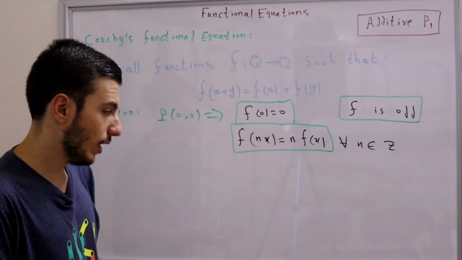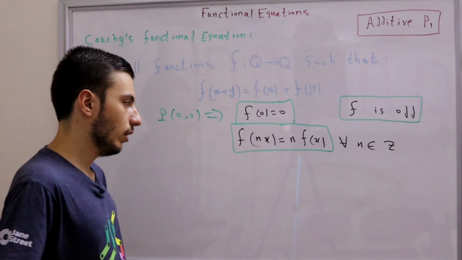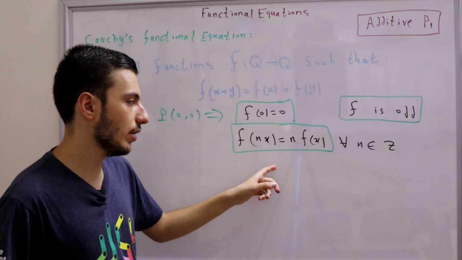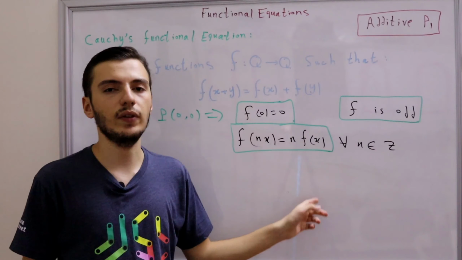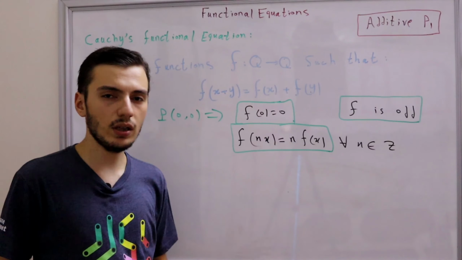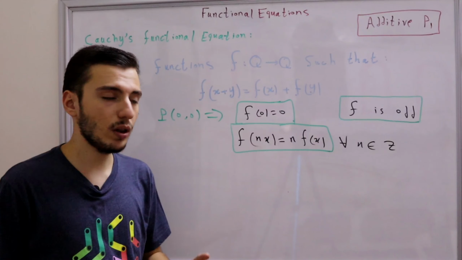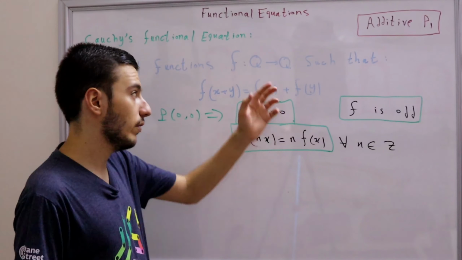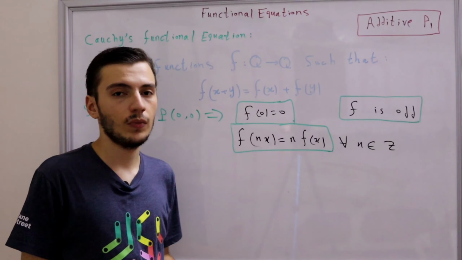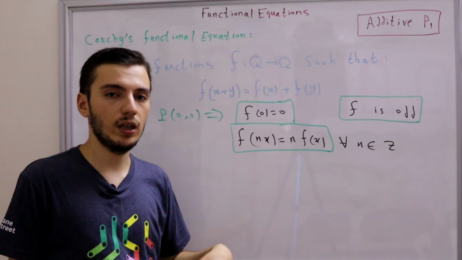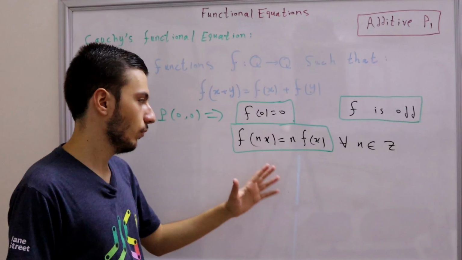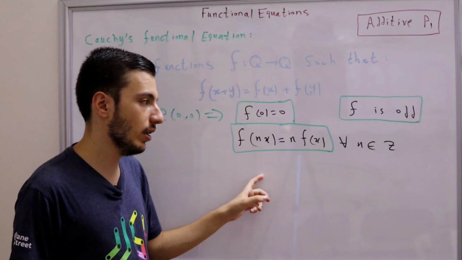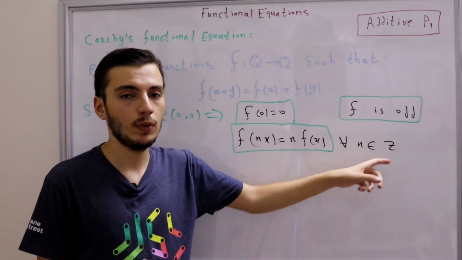Okay, now take a look at this result. f of nx is equal to n times f of x. Actually, this is really powerful. And remember that our functional equation is not from R to R, it is from Q to Q. So does that tell you anything? You have f of nx is equal to n times f of x, and n is any integer.